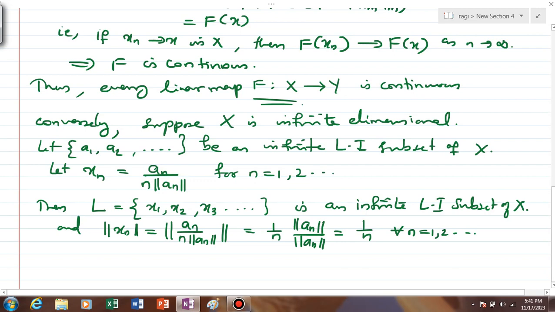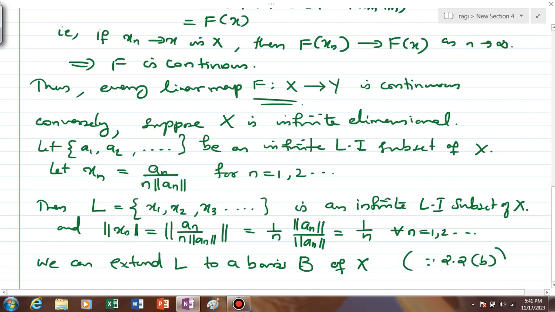We know that every normed space has a basis. So here L is an infinite linearly independent subset of X, so we can extend L to a basis B of X. This is from theorem 2.2b.